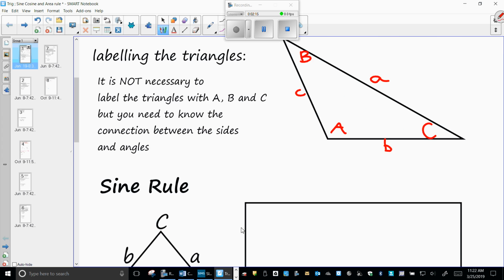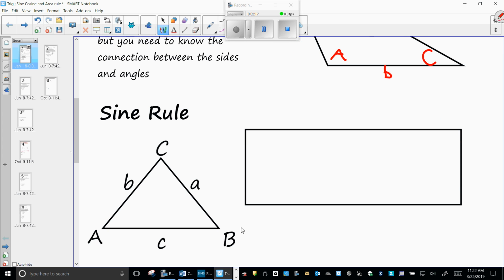Now, the sine rule. Here's our triangle. The sine rule says that a over sine A is equal to b over sine B, which is equal to c over sine C. So any length divided by the sine of the angle opposite it is equal to any other length divided by the sine of the opposite angle to that.